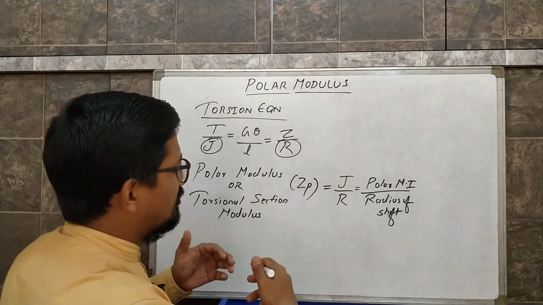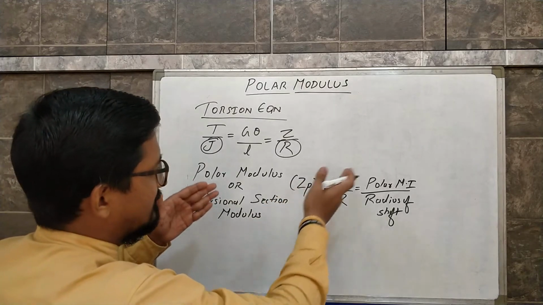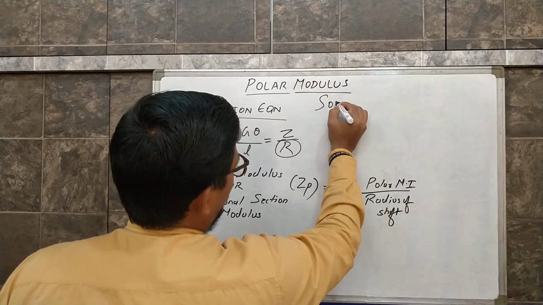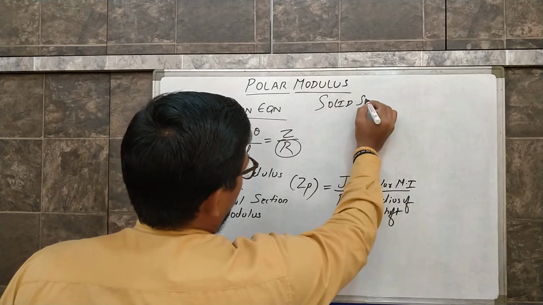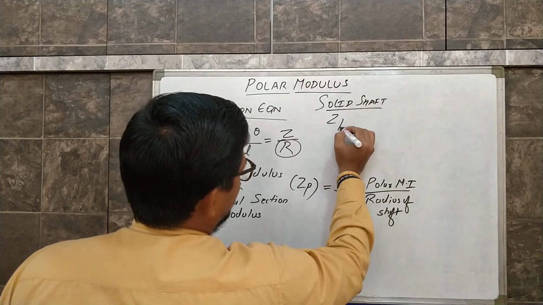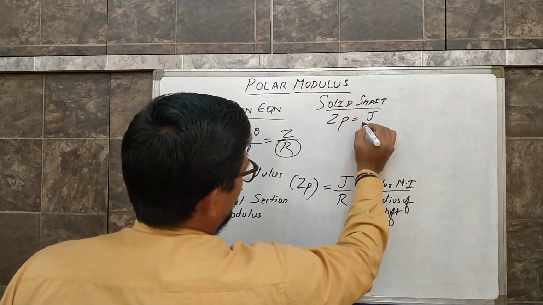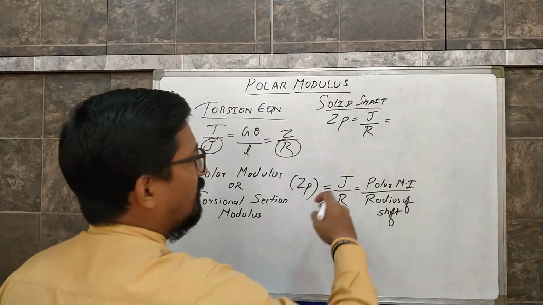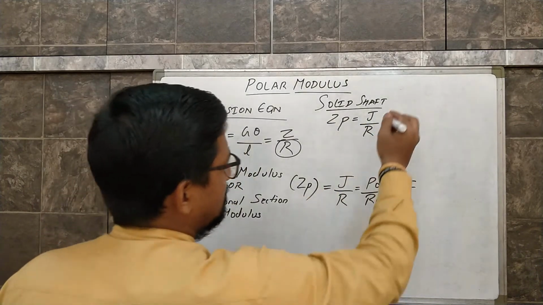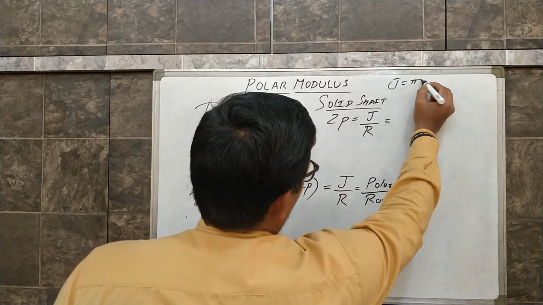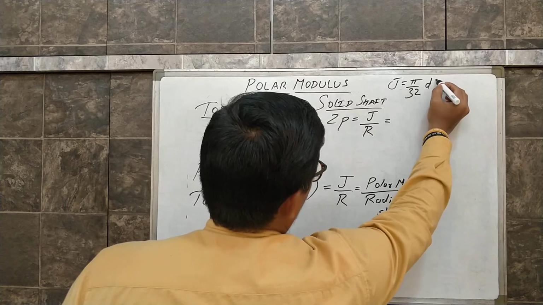Now we can easily derive the formula, or we can say the relation, for solid shaft as well as hollow shaft by using this J by R. So for a solid shaft, ZP is equal to J by R. So for a solid shaft, J, polar moment of inertia, J is pi by 32 d raised to 4.